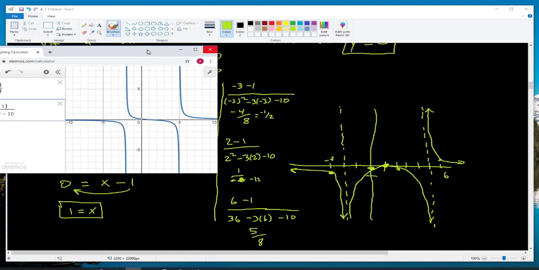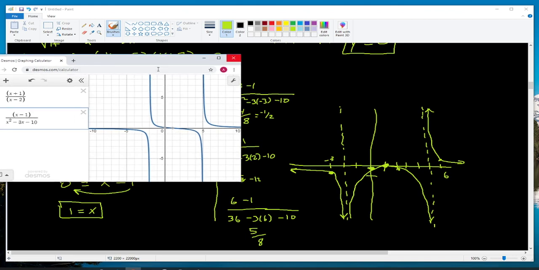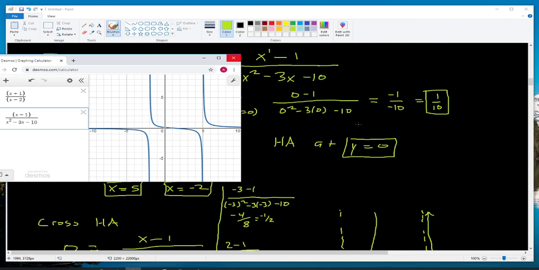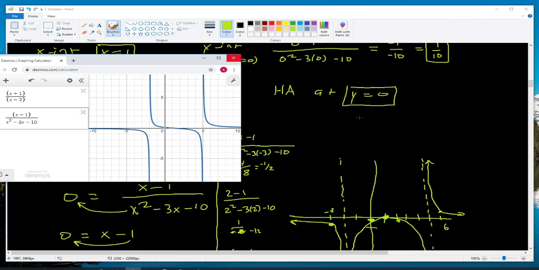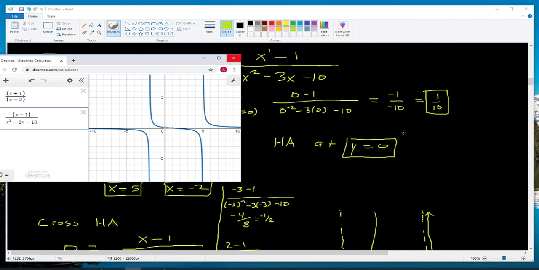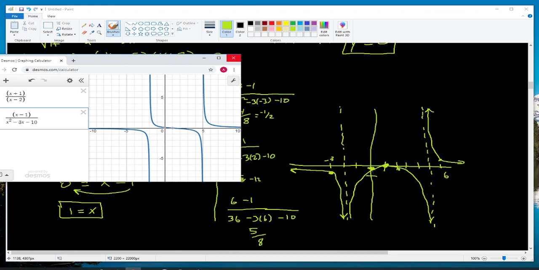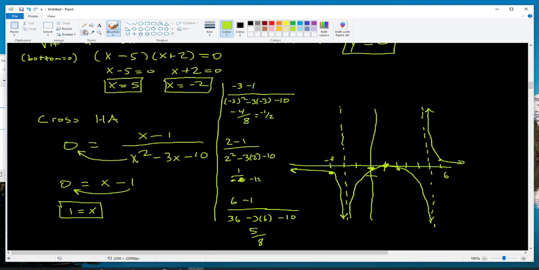Okay, this looks completely different than what I got, so obviously I made a mistake somewhere. Here's where the mistake was made. My y-intercept was here at positive 1/10. I drew it down here at negative 1/10, which made this whole part of my graph wrong.